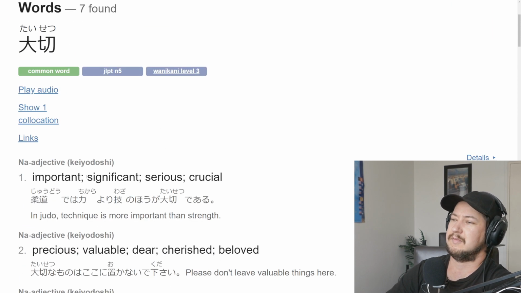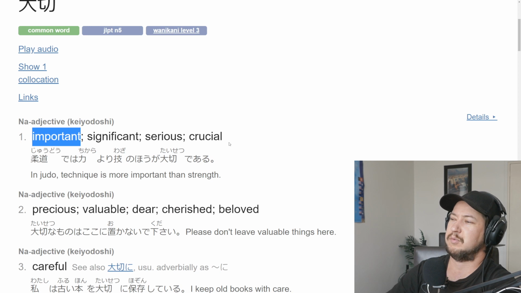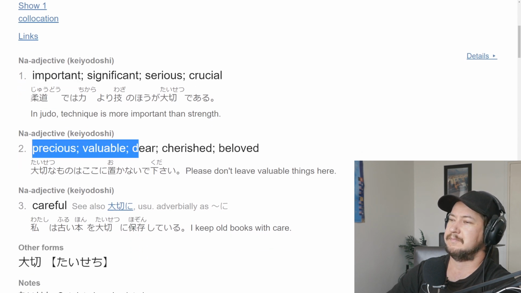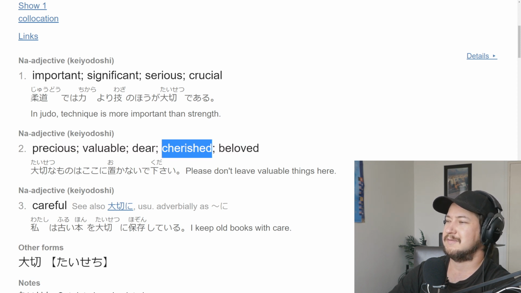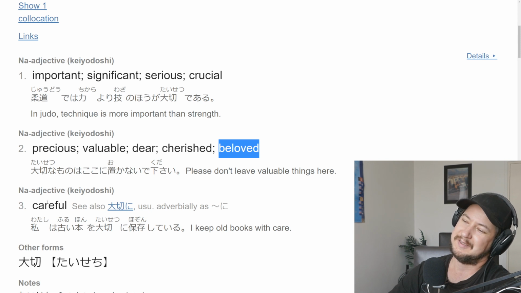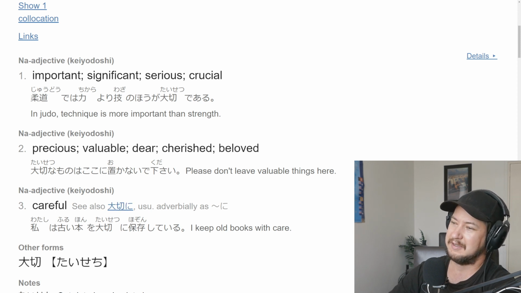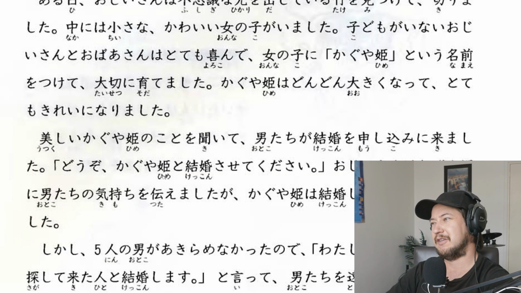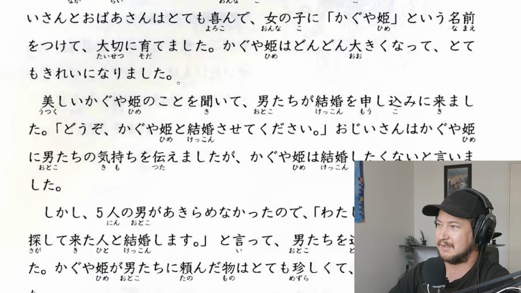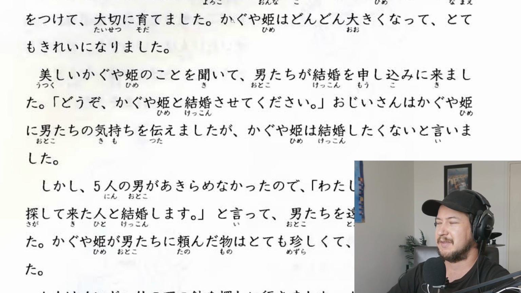Yeah, usually it means important, but I guess there's also beloved, and taisetsu ni means careful. Carefully, they raised her carefully. It sounds weird, but that's what it says.